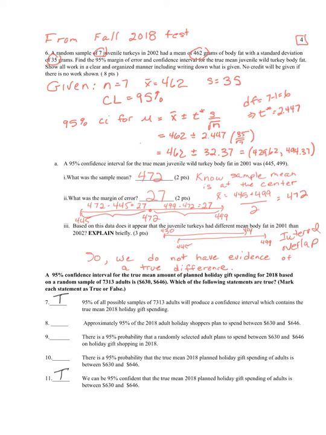Okay. And the other three statements are all false. Okay, we're not saying that 95% of the shoppers plan to spend in that interval. We're saying that's where we think the mean is, not 95% of the population.